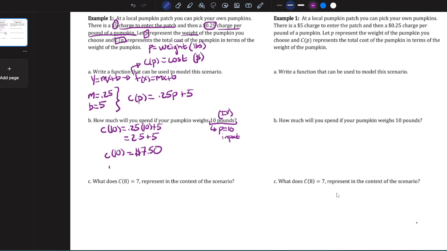And so if our pumpkin weighs 10 pounds, we will spend $7.50.